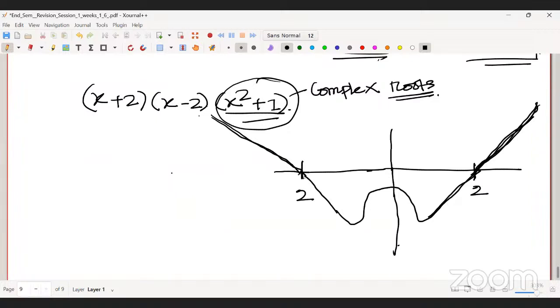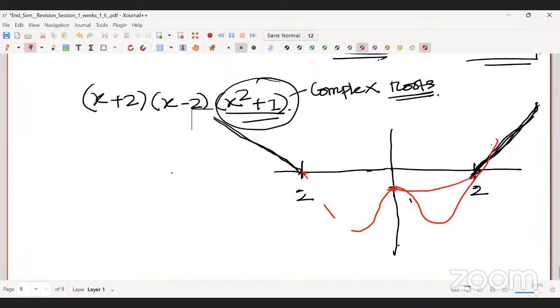Suppose this point is your y-intercept. Then your polynomial can be like this, or like this, and also like this, as I have said.